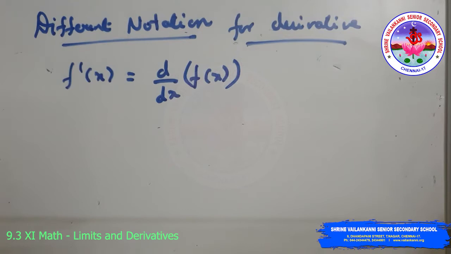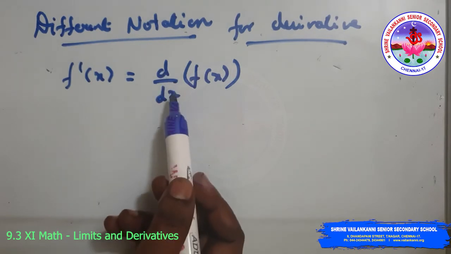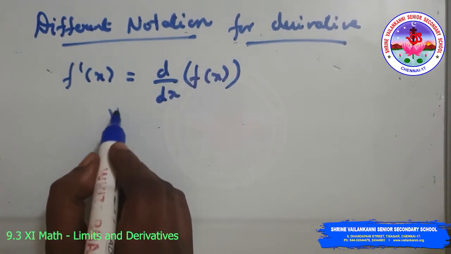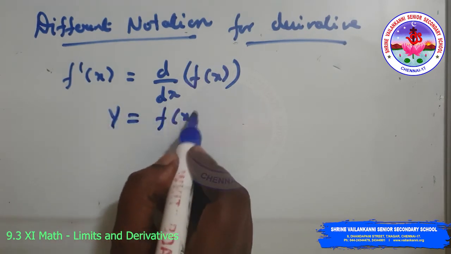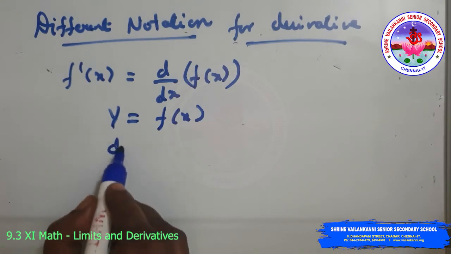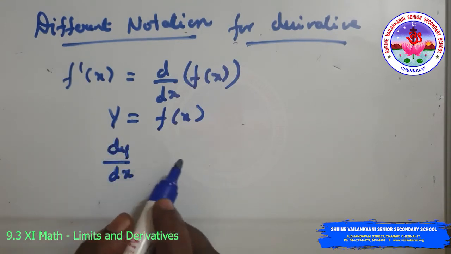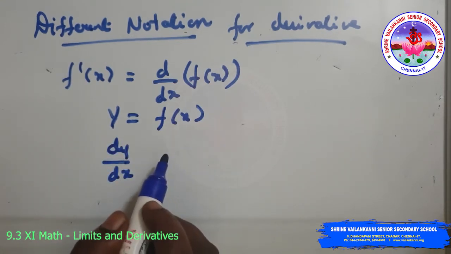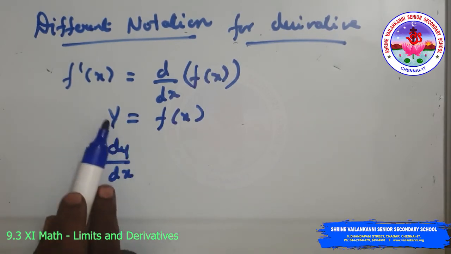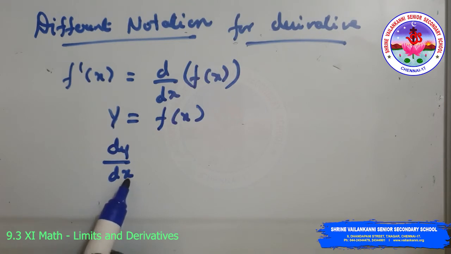There are different notations for the derivative of a function. Sometimes f dash of x is denoted by d by dx of f of x, or if the function is given as y equal to f of x, the derivative of y is denoted by dy by dx. This is referred to as the derivative of f of x, or the derivative of y with respect to x.